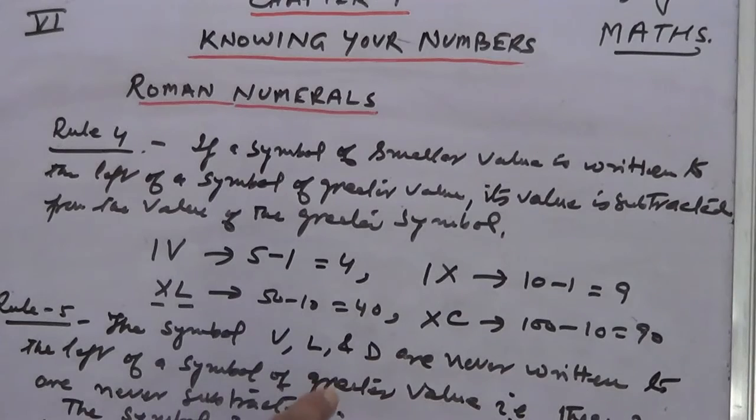So children, rule 5 is V, L, D are never written to the left. These big numbers are not written to the left. A symbol I can be subtracted from 5 and 10.